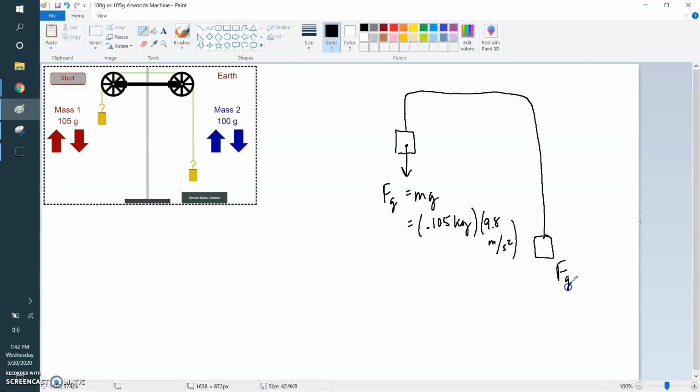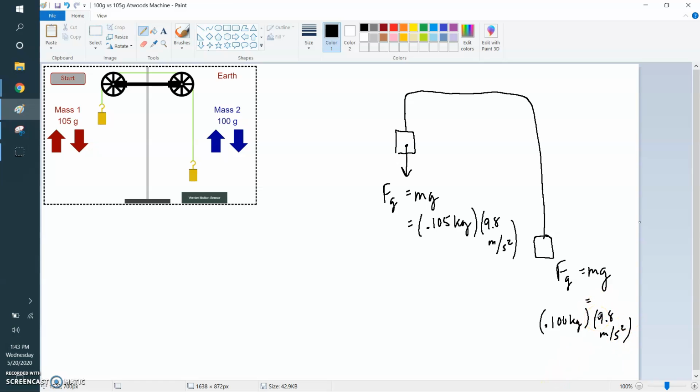And then we have the same formula on the right for the gravitational force, but it's going to be 0.100 kilograms times 9.8 meters per second squared.